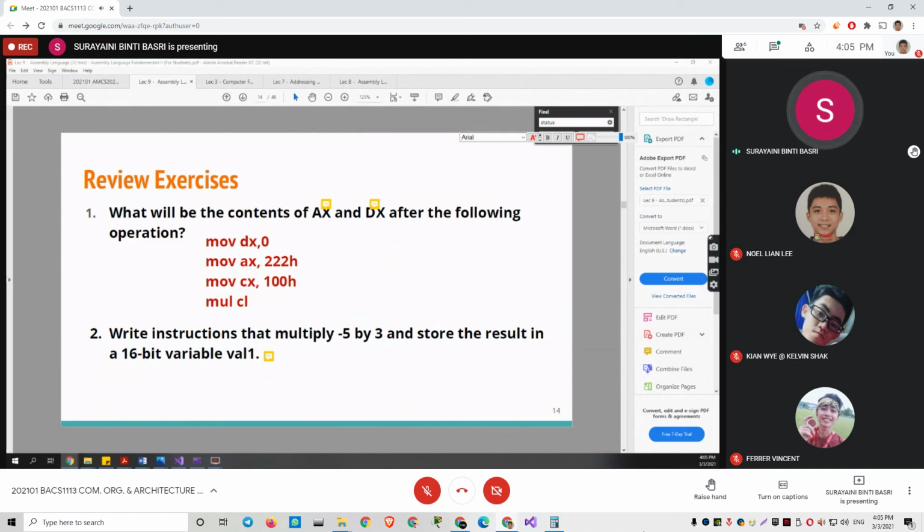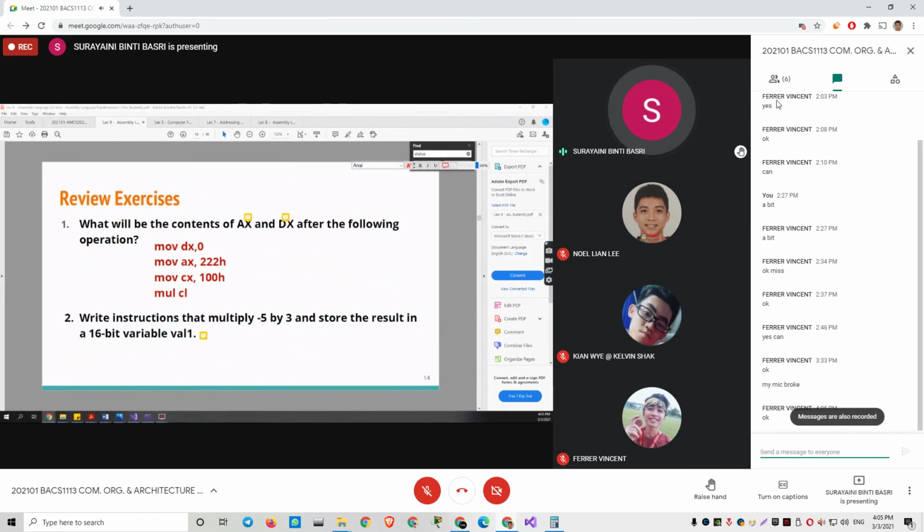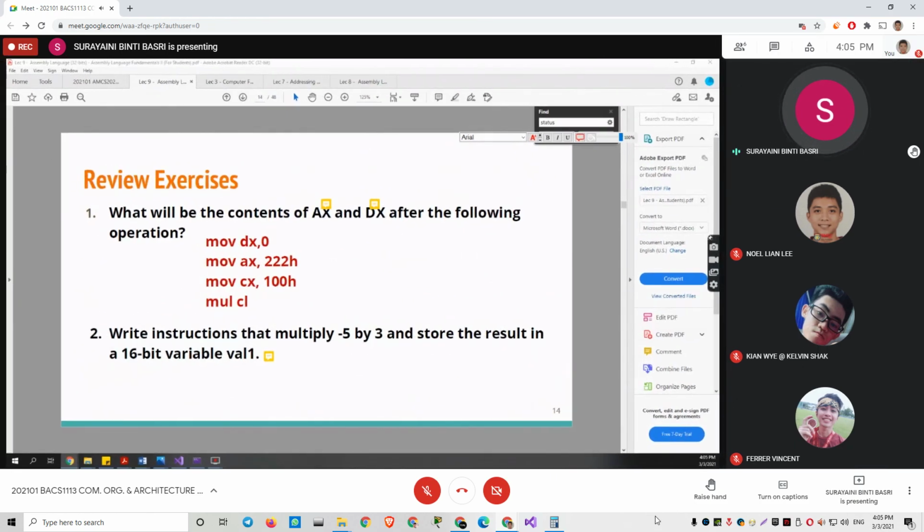I just want to remind you that this course is similar to a mathematics course. You cannot just understand it by looking and listening. You need to do the practice, because if you don't practice, it's very hard to remember and very hard to understand. So I hope you can play around with your Visual Studio, and also do some of your own research. If you don't understand, do your own research first, because there are a lot of resources out there.